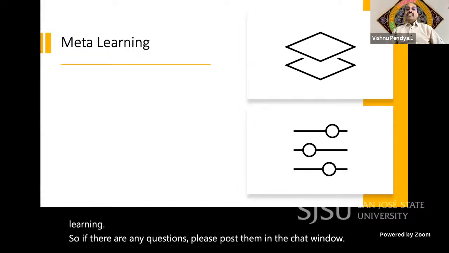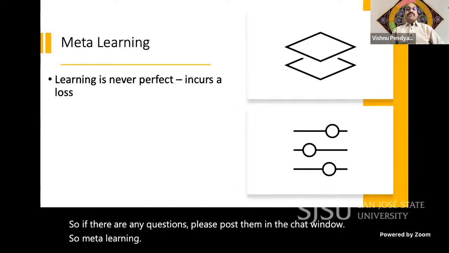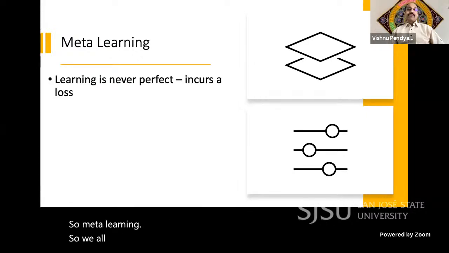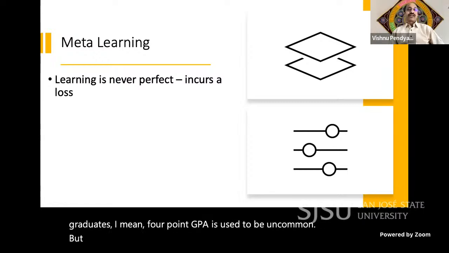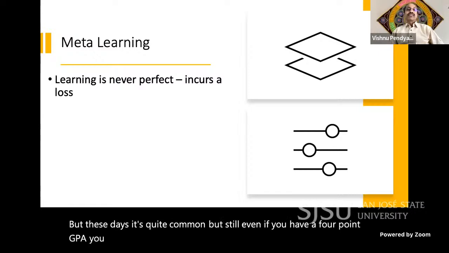So meta learning. We all know learning is never perfect. We always incur a loss, right? Nobody graduates... I mean, a 4.0 GPA used to be uncommon, but these days it's quite common. But still, even if you have a 4.0 GPA, you cannot be confident that your learning is perfect, right?